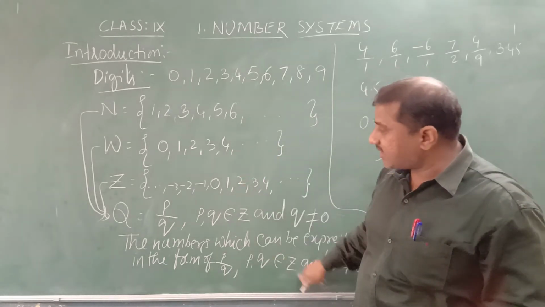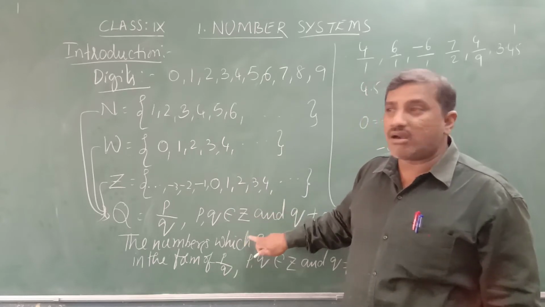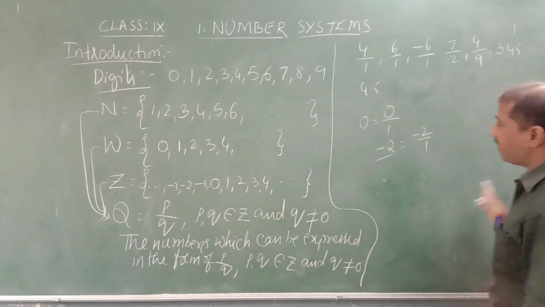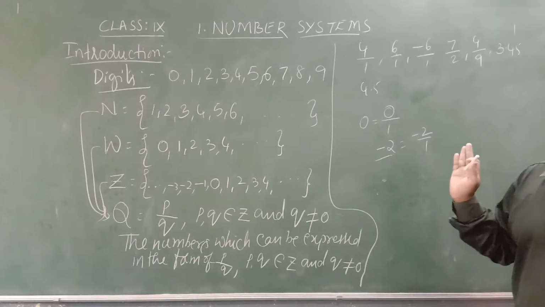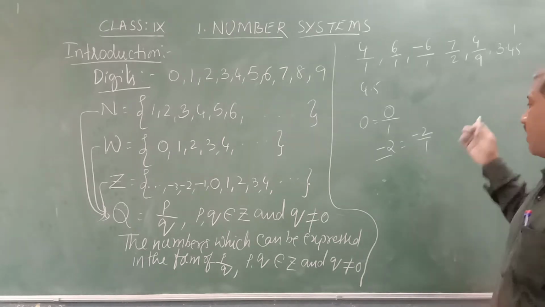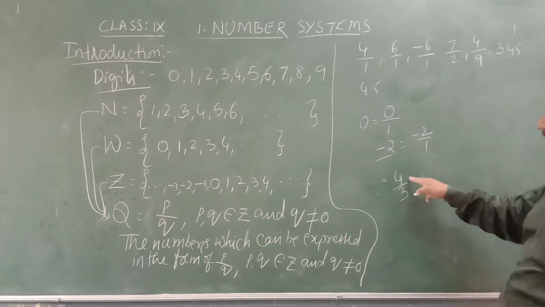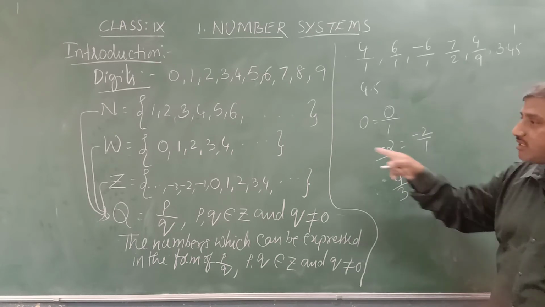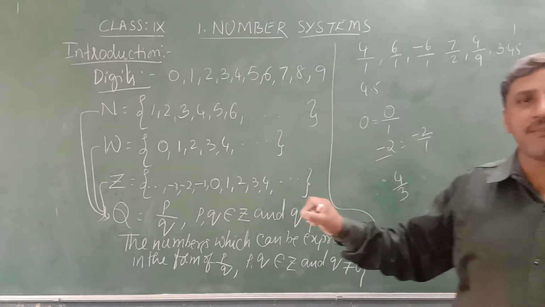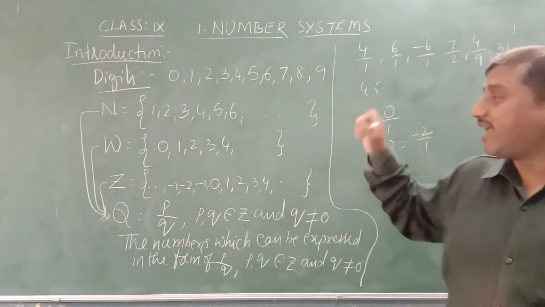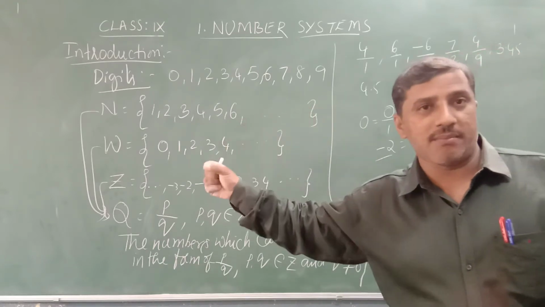So we can say that all whole numbers are rational numbers but all rational numbers are not whole numbers, because minus 2 is a rational number and it is not a whole number. Like 4 by 3 is a rational number and it is not an integer. So we can conclude that every rational number is not necessarily an integer, a whole number, or a natural number.